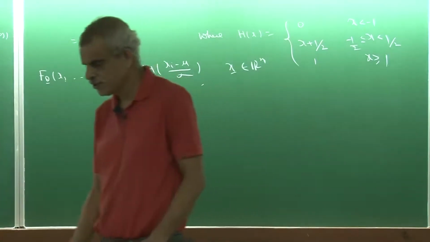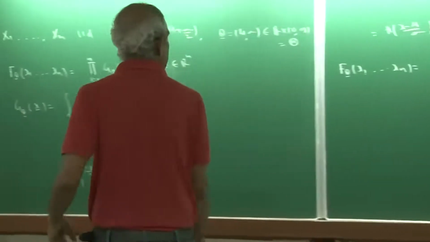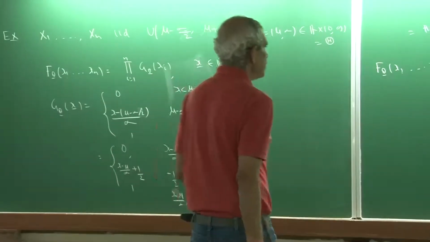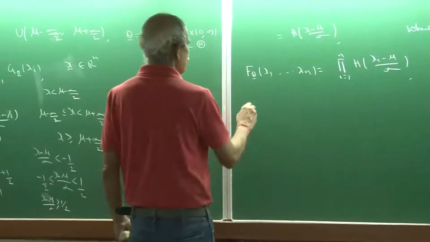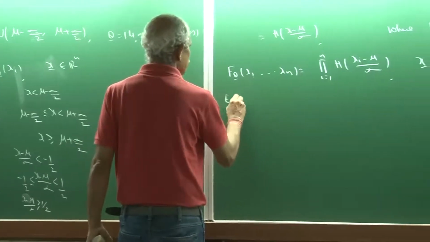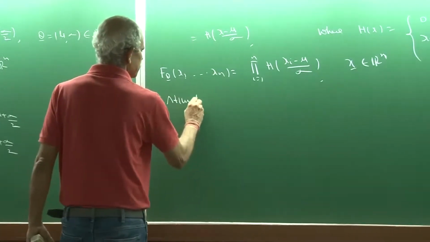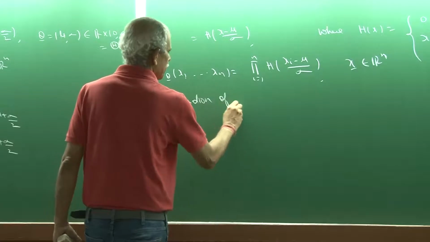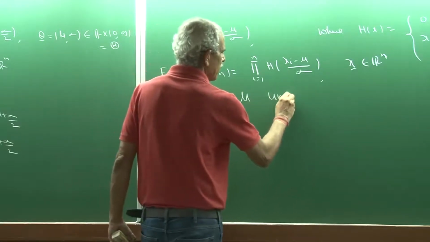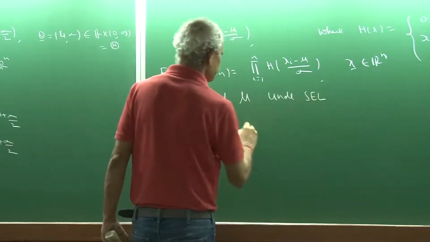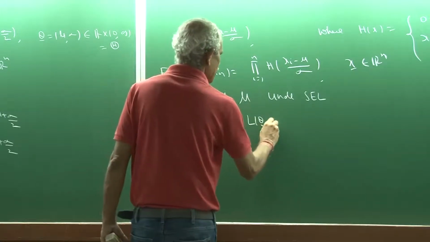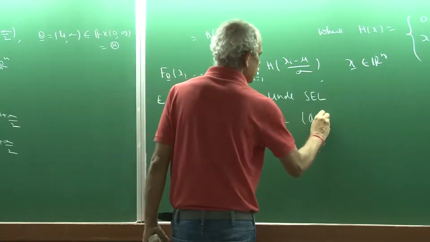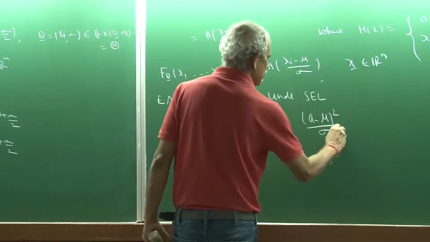So it belongs to the affine family. So my problem of estimation: I consider estimation of mu. First I consider under square error loss L(theta, a), which is (a minus mu) whole square by sigma square.